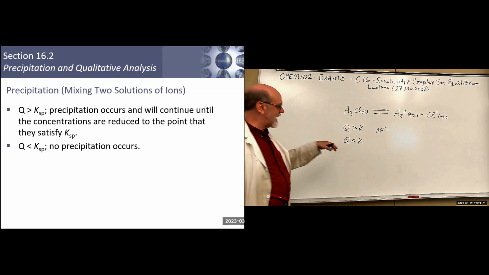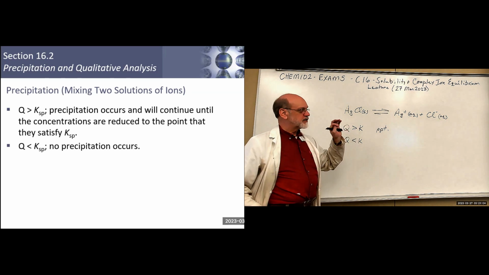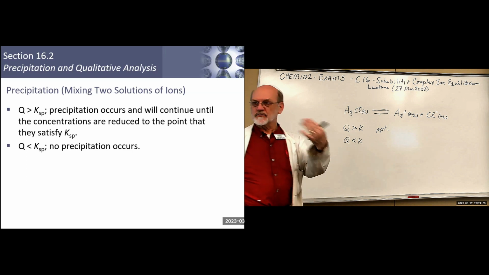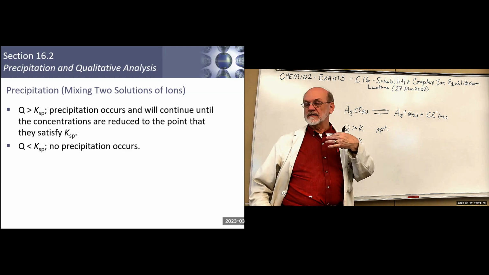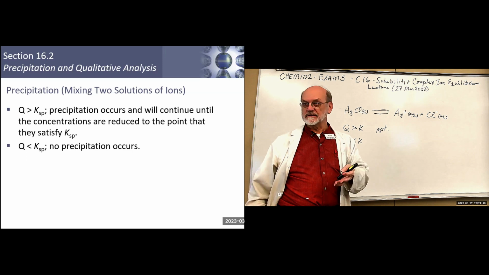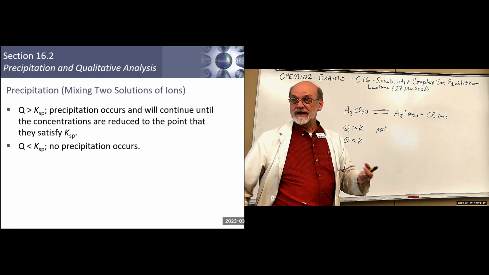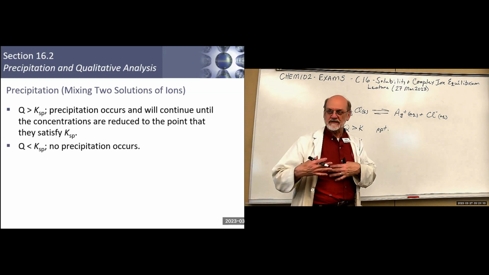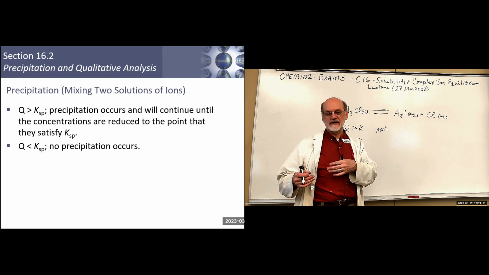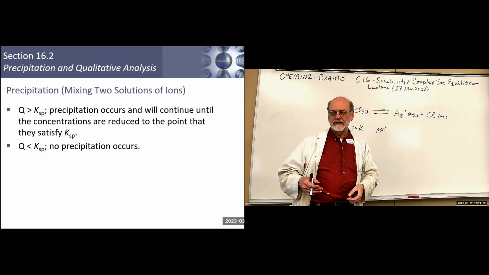And you can use this factor to sequentially precipitate, say, metal ions from solution. If you choose the right anion for each one and put it in there at a sufficient concentration, then you can selectively precipitate metals from solution. And that's one way that we use to separate them.